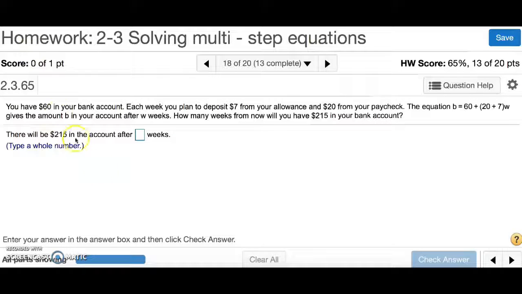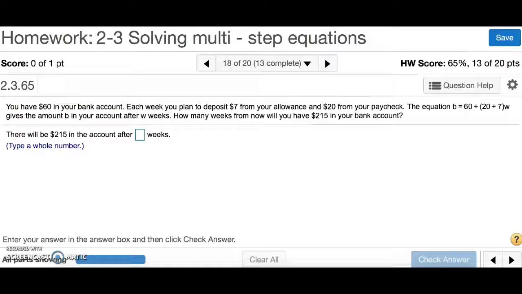Number 18, you have $60 in your bank account. Each week, you plan to deposit $7 from your allowance and $20 from your paycheck. The equation B equals 60 plus, in parentheses, 20 plus 7, times W gives the amount B in your account after W weeks. How many weeks from now will you have $215 in your bank account?